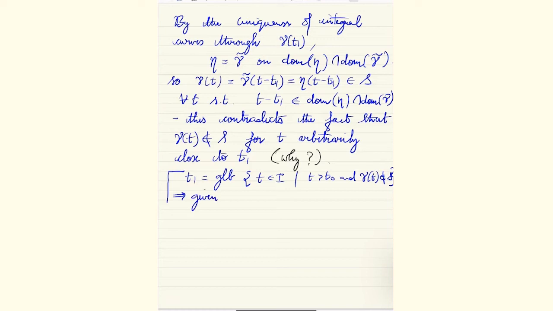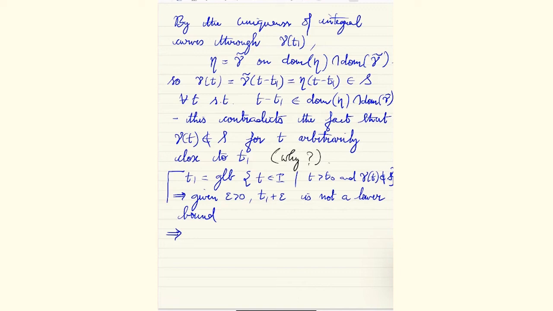So given epsilon positive, you simply write out the definition: T1 plus epsilon is not a lower bound. What does it mean for something not to be a lower bound? After all, what is a lower bound? Every element of the set is greater than or equal to this element. So not being a lower bound means there is something less than this within the set.